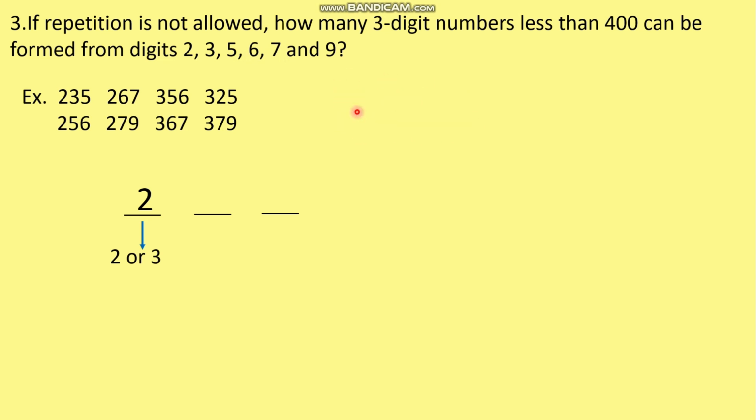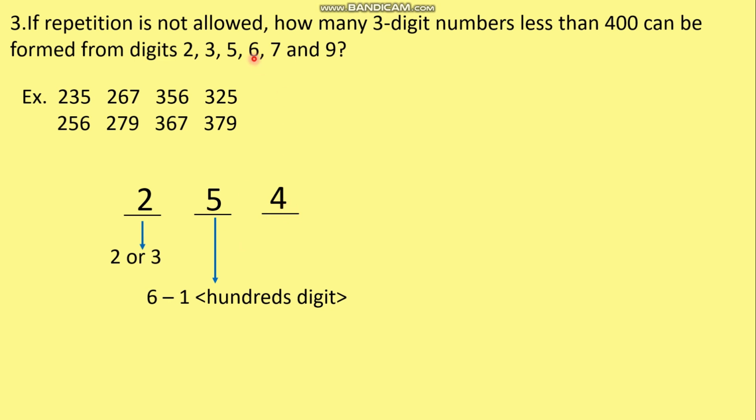So, hindi siya pwede. For tens digit naman, meron na lang tayong 5. Kasi, meron na tayong nilagay dito na isang digit. So, out of 6, meron na lang tayong 5. Okay? So, yung 6 minus 1, yung nilagay natin dito. Now, for the ones digit naman, meron na lang tayong 4.